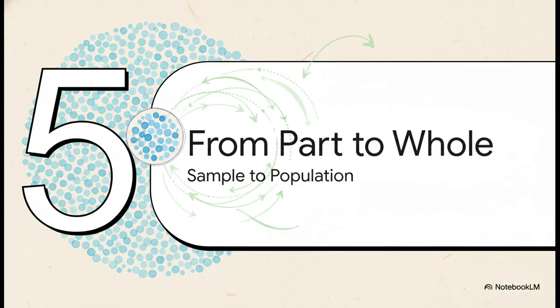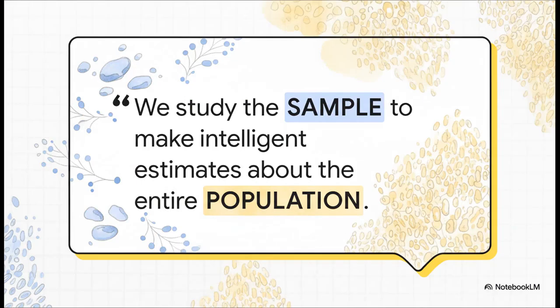Okay, let's bring all this home now. We've got the population, the whole group, and the sample, the little piece we actually look at. Now, let's lock in that powerful connection between the two. And really, if you remember just one thing from all of this, let it be this right here. This is the whole point of the exercise. We study the sample, the part, so that we can make smart, intelligent guesses about the entire population, the whole.